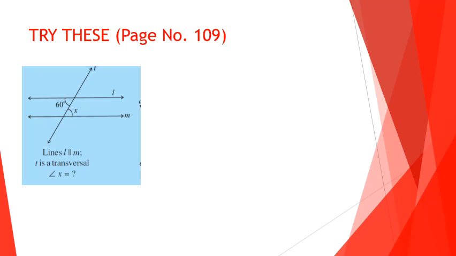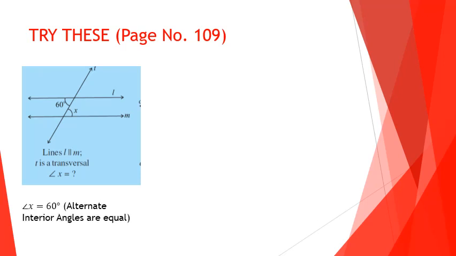These angles are lying on the opposite side of the transversal and they are interior angles. So what is the name of this angle? It is alternate interior angles. And the given lines are parallel, then what is the property of the alternate interior angles? The angles are equal. That means angle x equal to 60 degree.